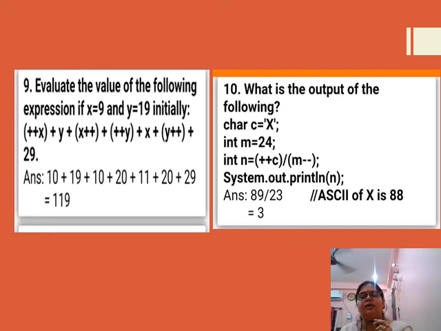Okay, here it is a misprint, it will be 24 not 23 here. Okay, here it will be 24 because it is postfix, it will change after the function. So pay attention, beta, here it will be 24 not 23.